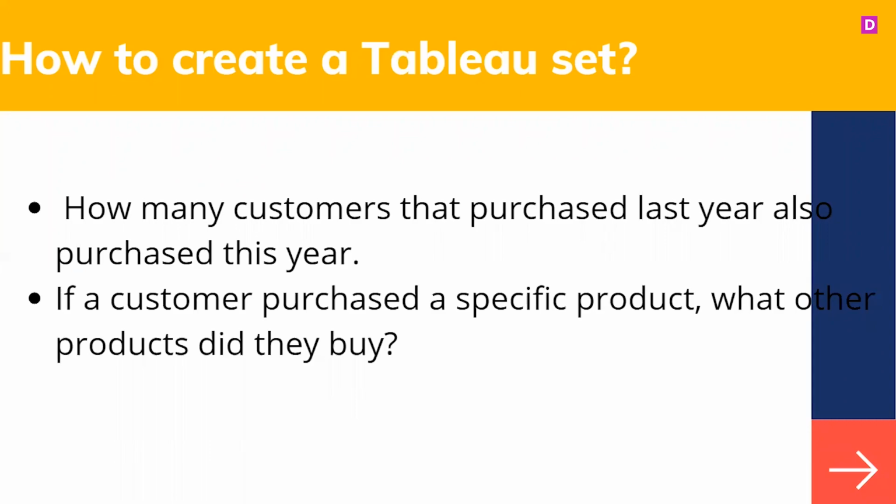So you create a set for all the customers who purchased last year, and also a set for all the customers who purchased this year. Then you combine these two sets to get whatever answer you want.